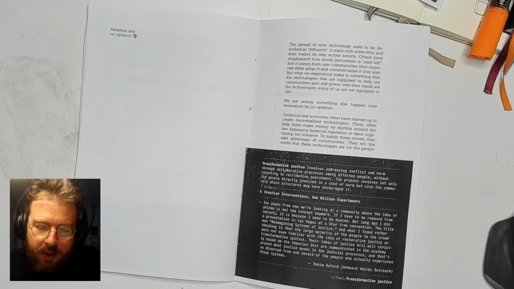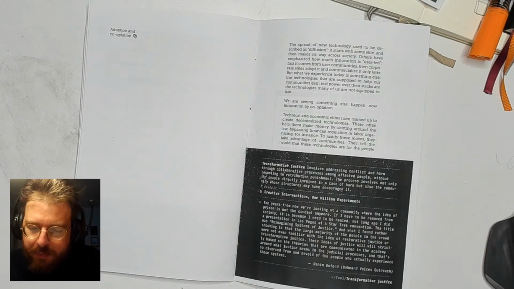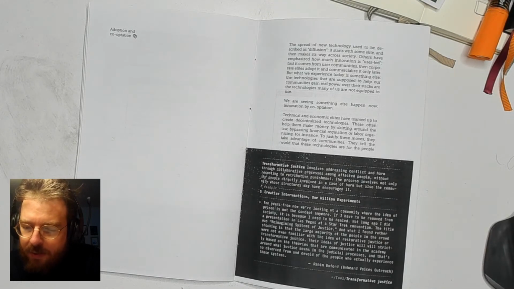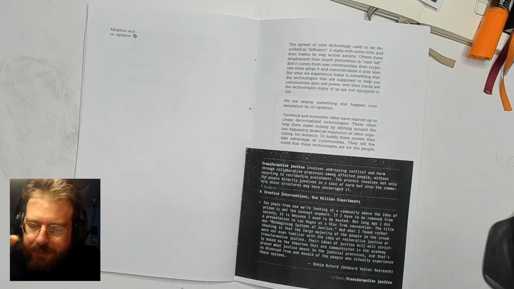Adaptation and co-optation. The spread of new technology used to be described as diffusion. It started with some elite and then makes its way across society. Others have emphasized how much innovation is user-led. First, it comes from user communities, then corporate elites adopt it and commercialize it only later.